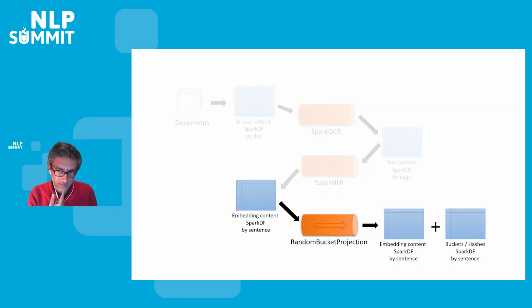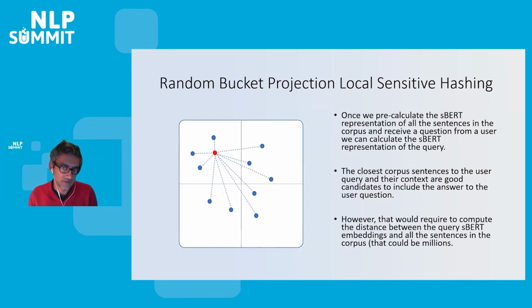So the underlying idea of the system in general is that once you have pre-calculated the sentence BERT representation for all the sentences in the corpus, you will receive a new question from the user. Using the same language model, you can get the sentence representation of the user question, of the user query. So basically, the next step is, okay, I have this user query, and I want to get the sentences in the corpus that are closer to the question of the user.